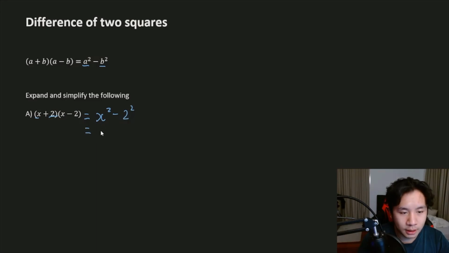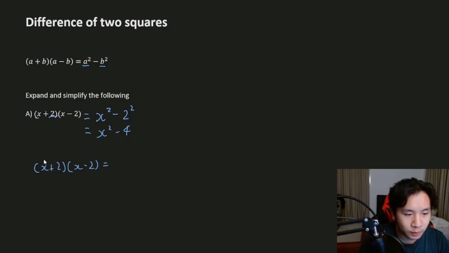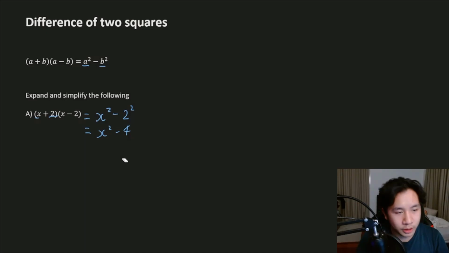And then finally, I can write x squared minus 4. It's that simple. This is pretty useful because you don't have to waste time doing x times x, x times minus 2, 2 times x, 2 times minus 2. You can jump straight into it a lot more easily.